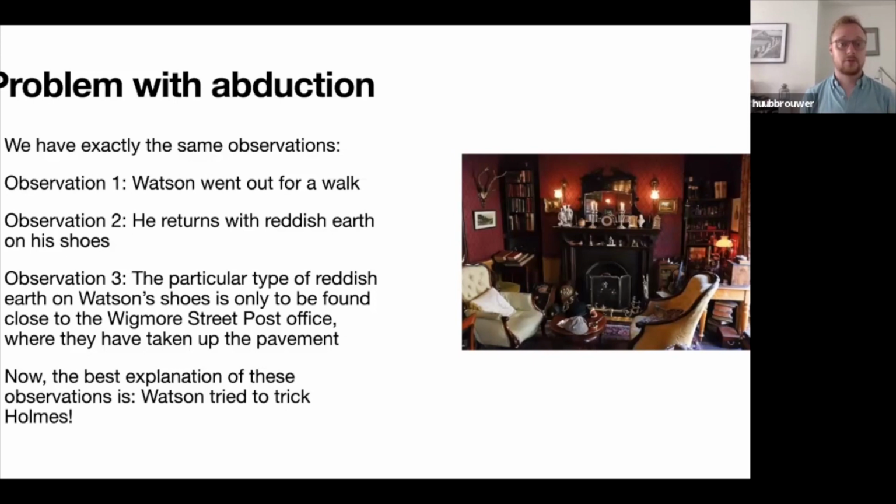And this shows that there may be a different, better explanation of a set of observations. And sometimes we come to realize this when we include additional observations. So what we might have done here is include the observation that Watson put some red earth in the cellar of the building where Sherlock Holmes and he live.